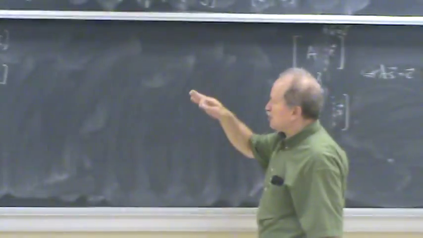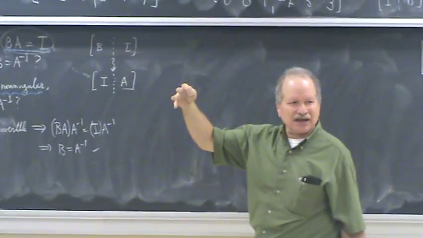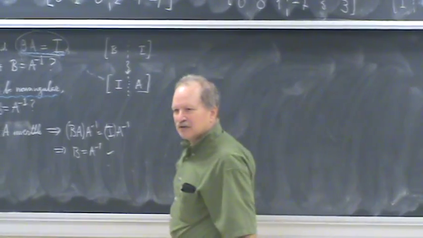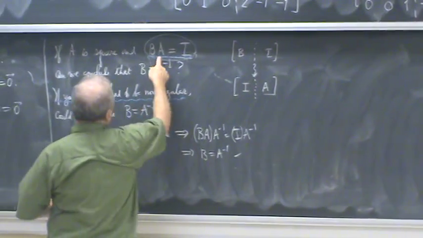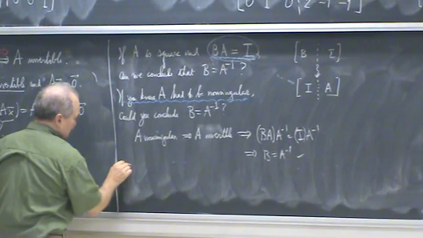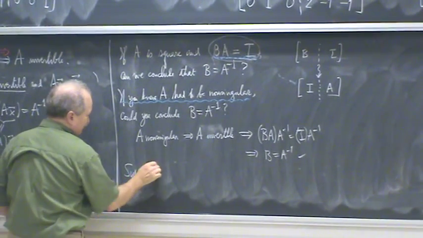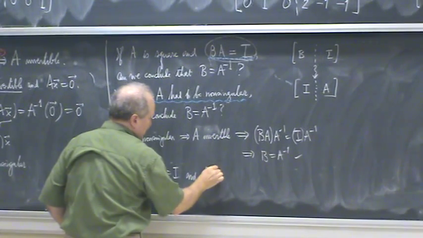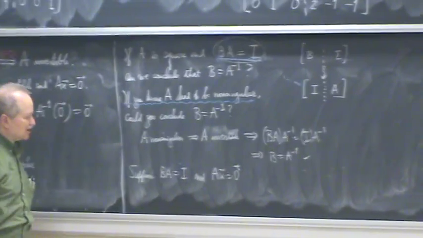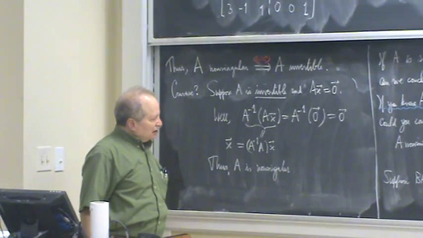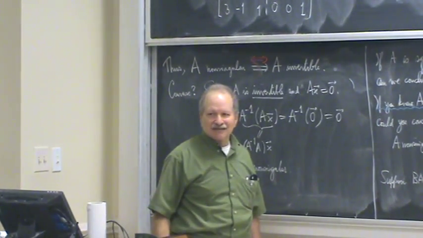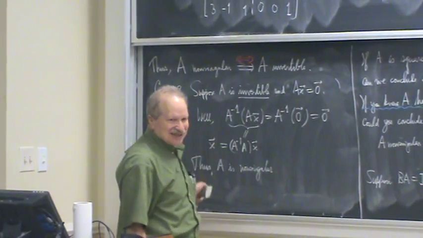What did we say were the criteria that were equivalent to non-singularity? Only trivial solution. Yeah. So suppose you had this equation, and you had the equation AX equals 0. What could you do with this equation? Could you solve for x? Sure. Isn't that what we just did here?